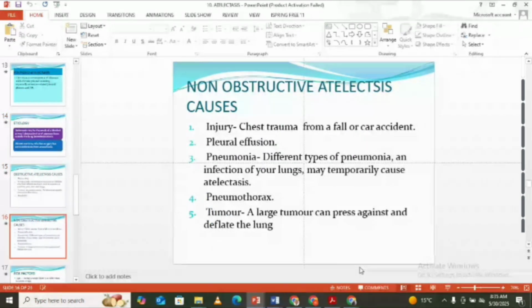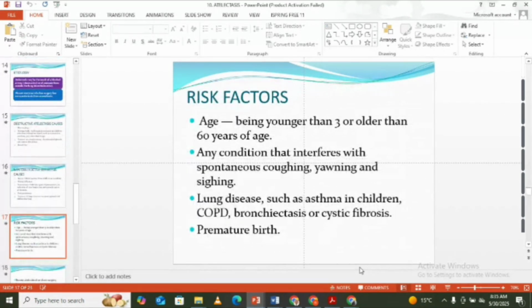For the non-obstructive, it could be injury to the chest, pneumonia, pneumothorax, or a tumor that is pressing against and deflating the lungs.